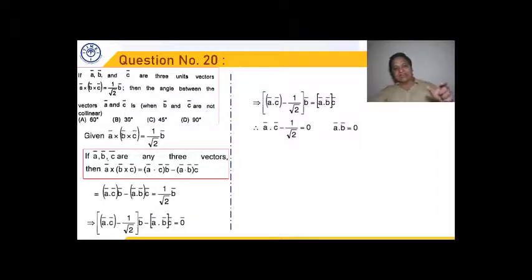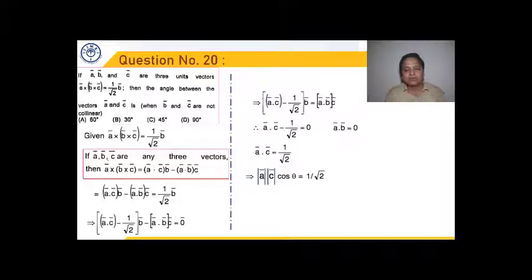And we are interested in finding the angle between A and C. So we stick to the first part, that is A dot C minus 1 by root 2 is equal to 0. So we can say A dot C is equal to 1 by root 2. And vector A and vector C both are unit vectors. Now, how do we apply dot product?